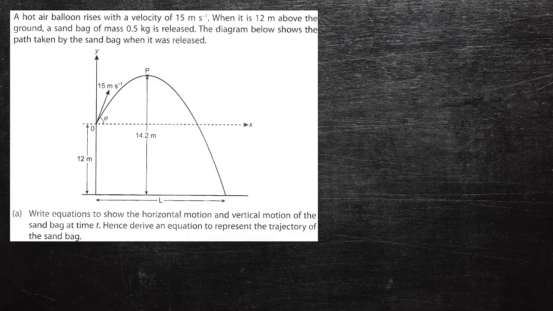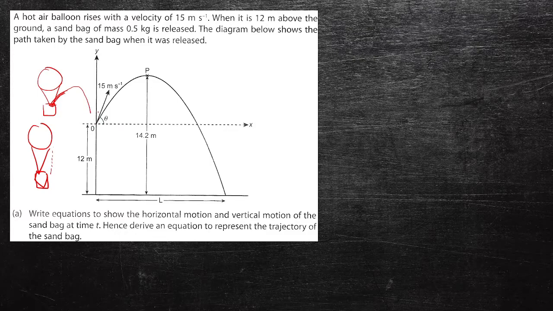So let's discuss what is happening in the question. First, there was a hot air balloon. Okay, let's say this is the hot air balloon, and then it goes up, and when it reaches 12 meter above the ground, the sandbag is released, thrown out from the hot air balloon, and it makes a projectile motion towards the ground.